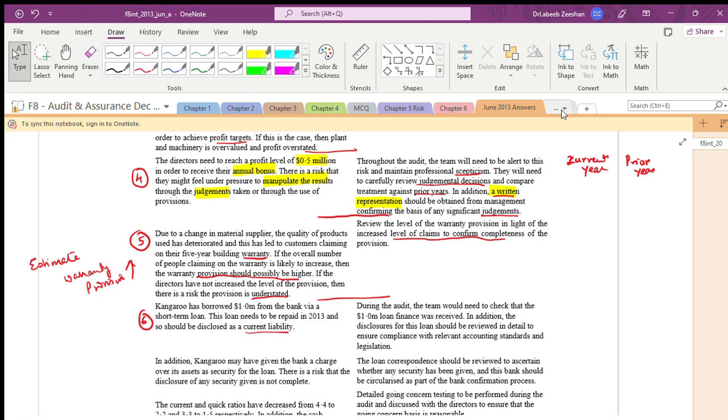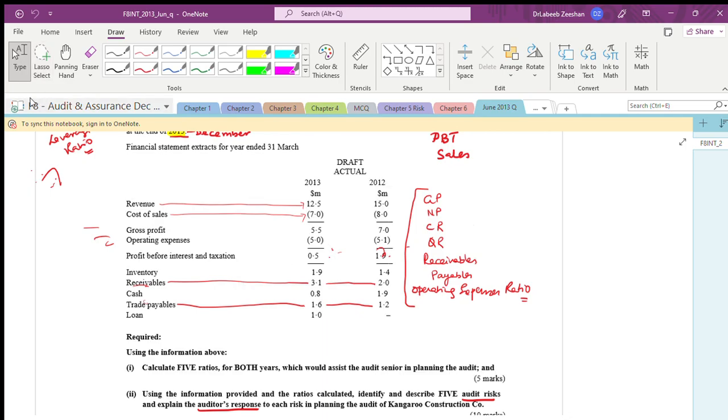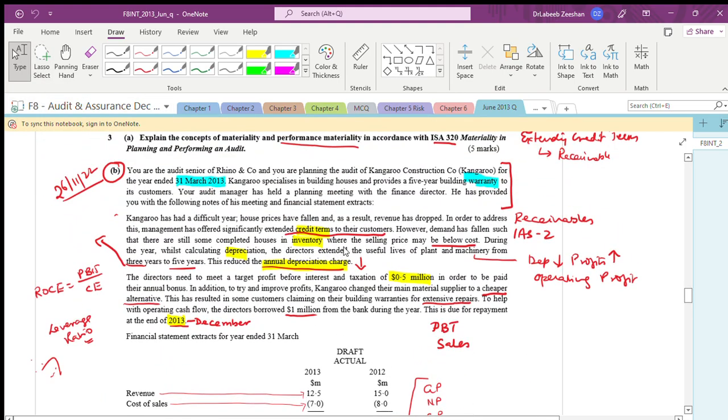Let us go to that question once. To help with the operating cash flow, it has been given here that the directors borrowed a 1 million loan from the bank during the year. This is due for payment by 2013.